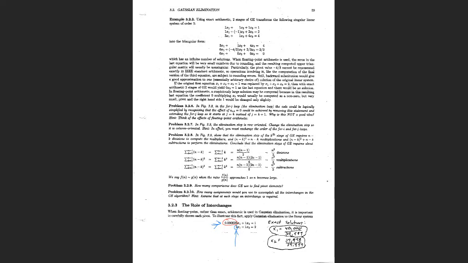If you do that, you're going to get a 0 where that 1 is, which is what you're used to. So here again, we are using the small pivot, we're not doing a row interchange. We're strictly going to use the smallest number in the first column, 0.00025, multiplied by negative 40,000.